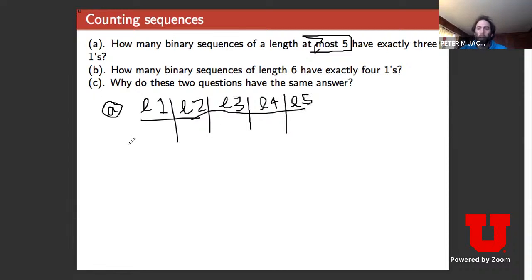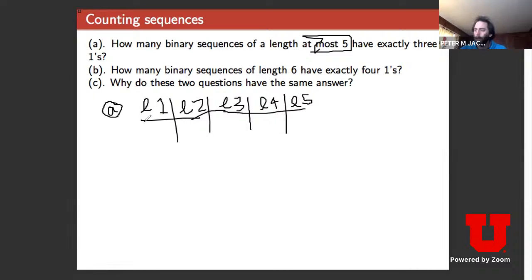So how many binary sequences of length 1 have exactly 3 ones? You could shout it out or type it in the chat. This is not a trick question.